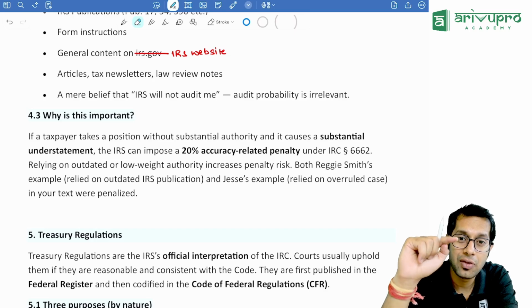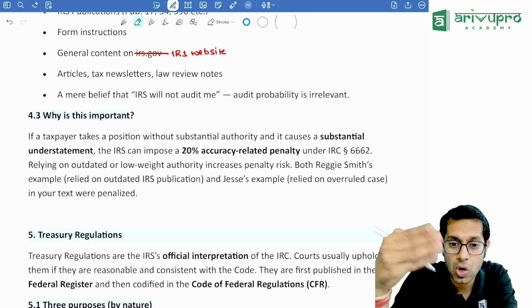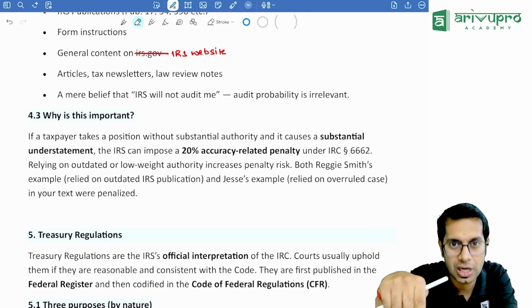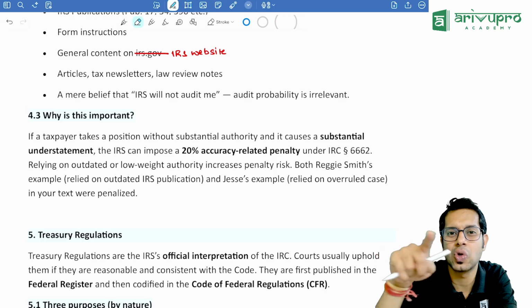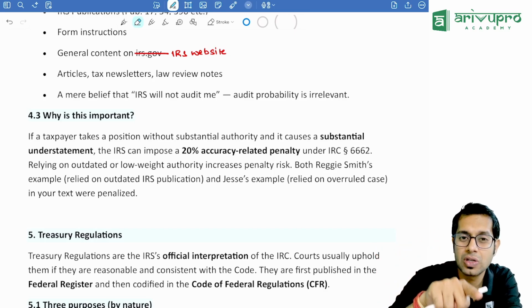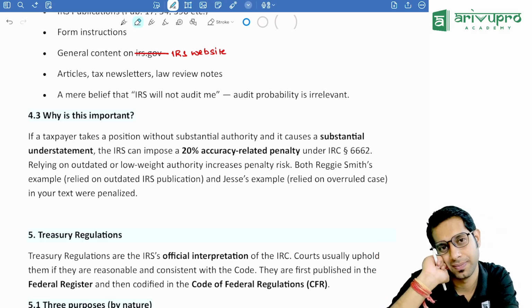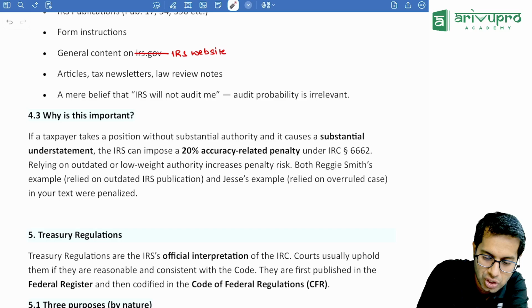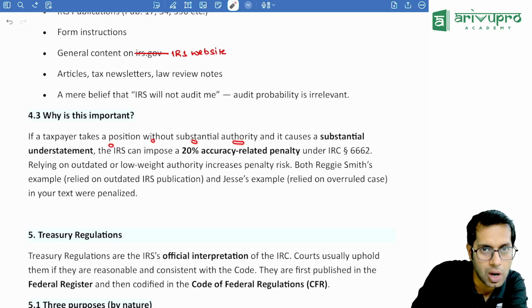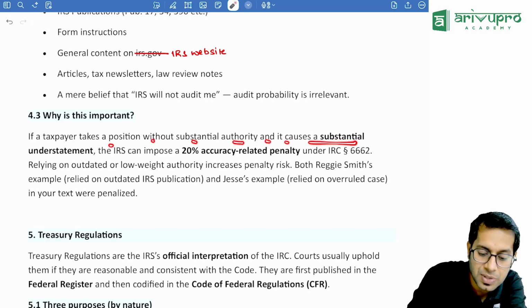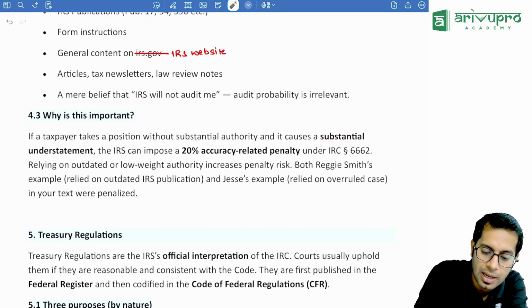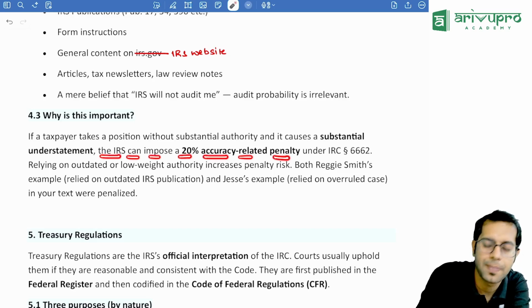Because if the basis on which you are taking a decision is not a substantial authority, then because of that decision you may have to pay a penalty. So what is this point telling? If a taxpayer takes a position without substantial authority and it causes a substantial understatement, the IRS can impose a 20% accuracy related penalty.